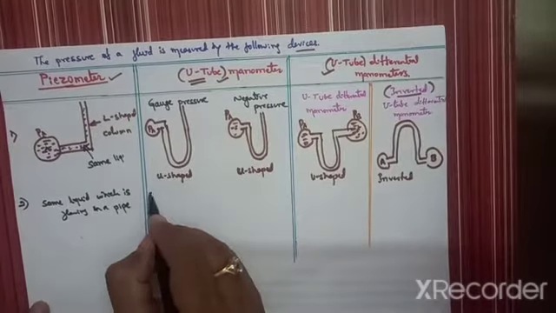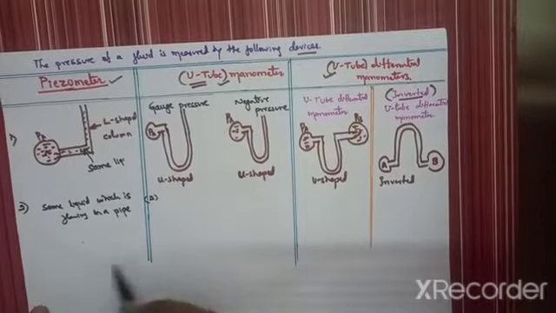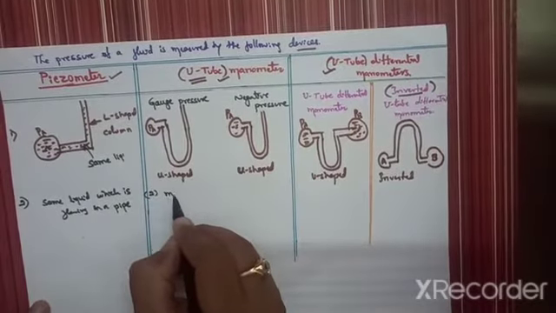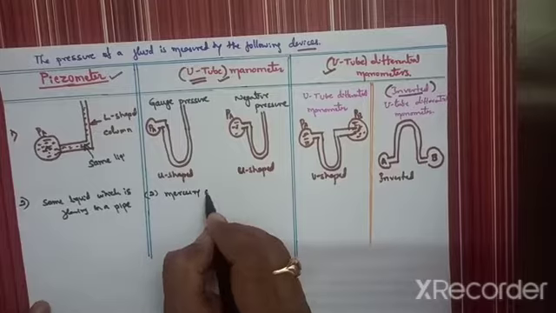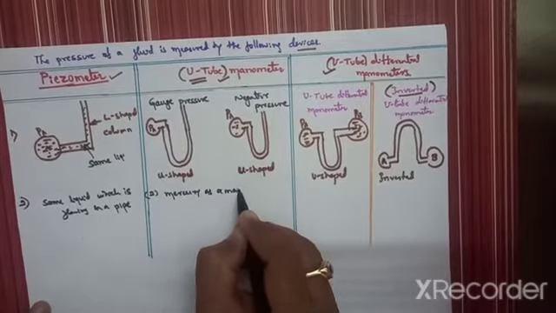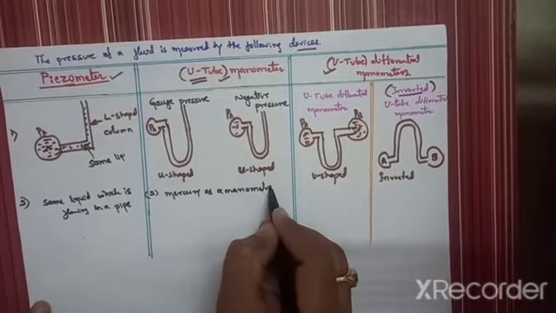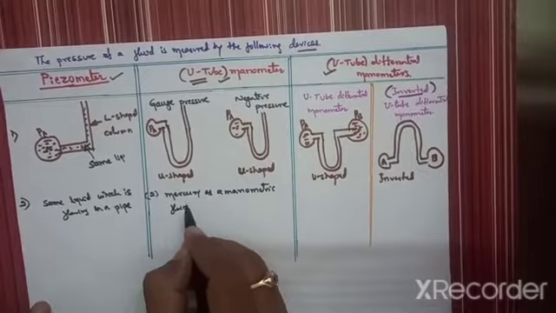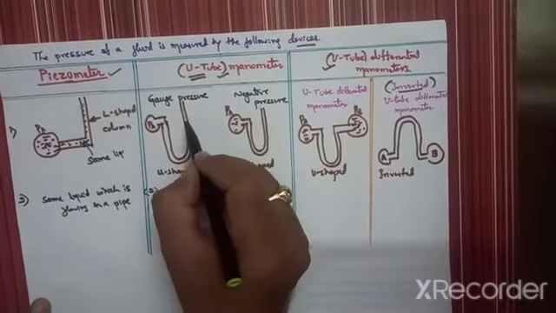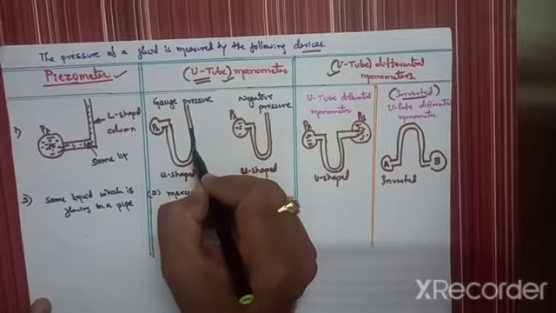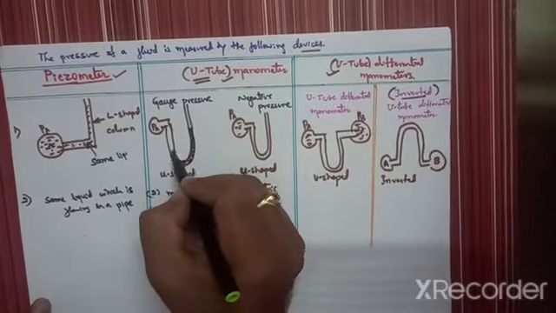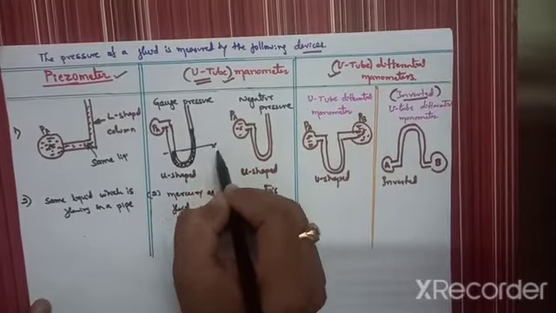But in the U-shaped manometers, you will be using mercury as a manometric fluid. So here we will consider one mercury fluid, and we will take some reference line XX.